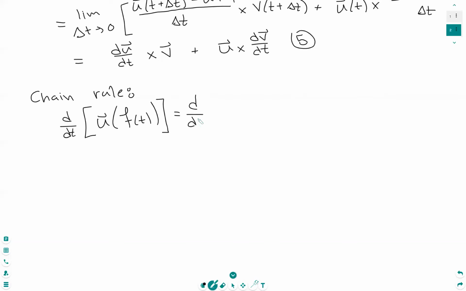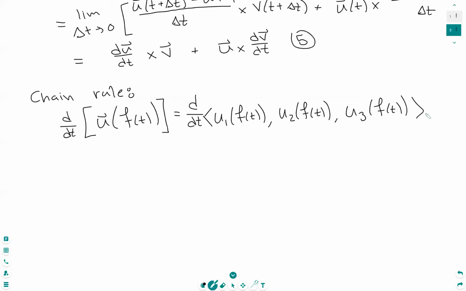This is d dt of the vector u1 with f of t in it, u2 with f of t in it, and u3 with f of t in it. We're assuming that we're in R3, but this generalizes to Rn.